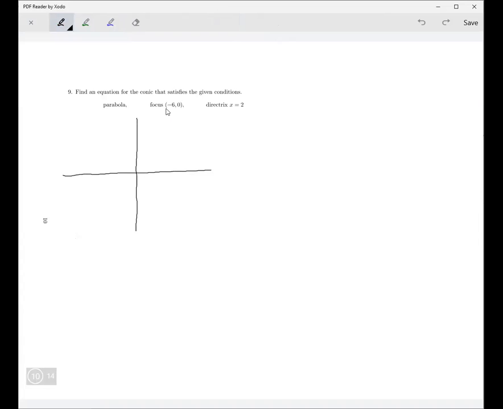The focus is out here at negative 6, 0, and the directrix will be x equals 2. It's not part of the parabola, but that's the directrix.